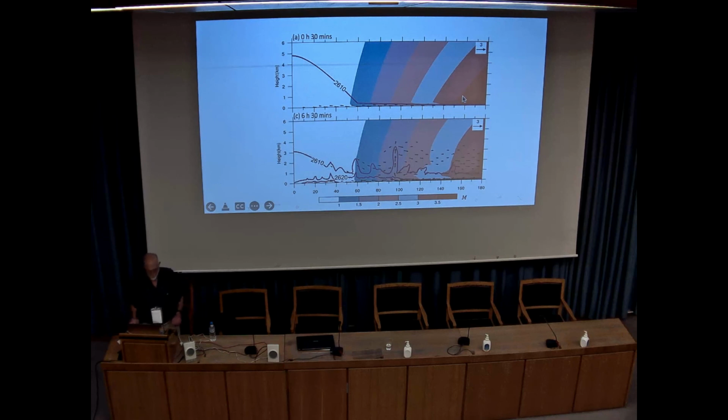So this is the angular momentum in color, starting from an initial vortex with almost zero gradient. What's contoured here is moist entropy, S, Cp ln theta E. And this is an axisymmetric model.